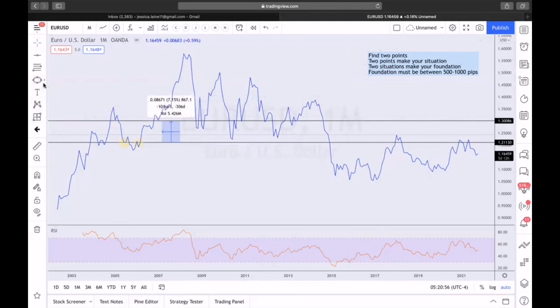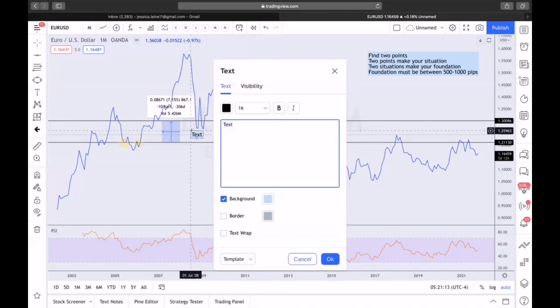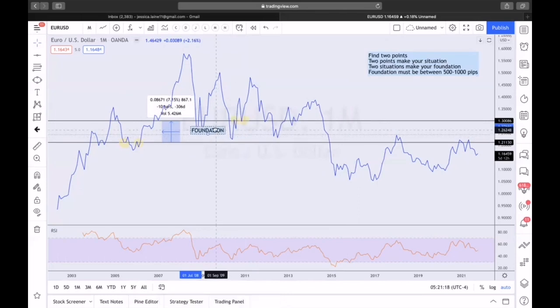Now we can solidify the 2 points that we just looked at to secure them. This point right here, and then we have another one right here. This is clearly tested as resistance and then a level of support. Now we just solidified the foundation of our chart. We're going to label this in the middle, foundation, and that is that.